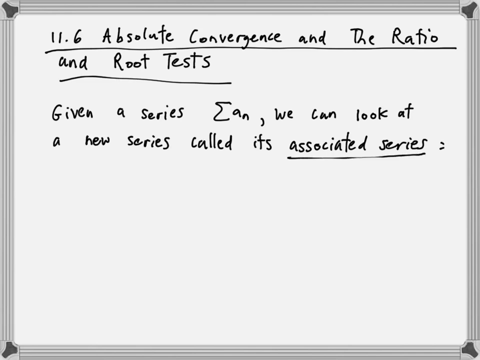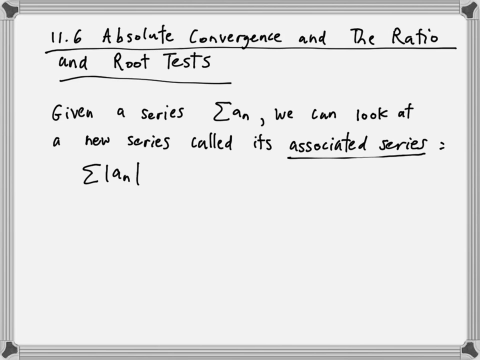And the series is going to be the sum of the absolute value of the terms. Now, this series is not the same as the other series, right? Because it takes away all the negative terms, or it turns them into positives, I should say. Okay, we don't know yet how these two series are related.